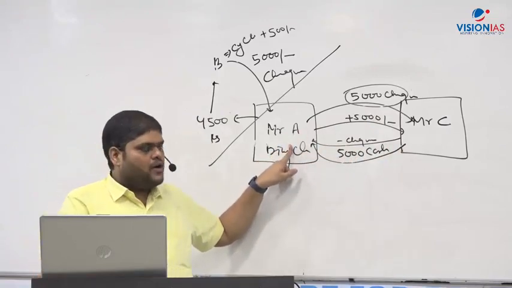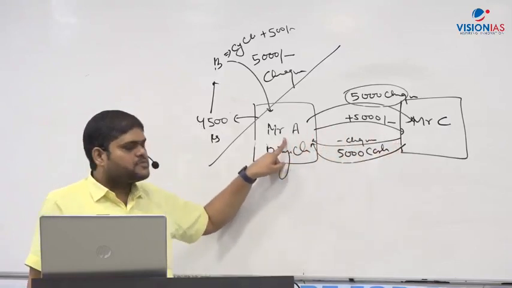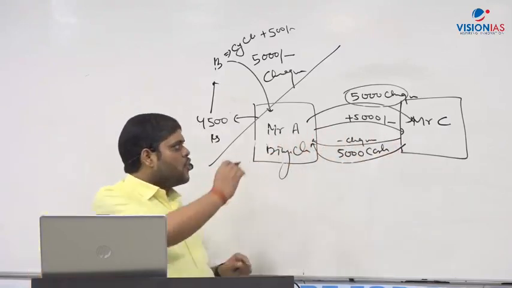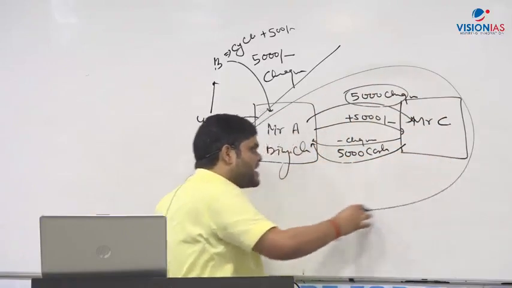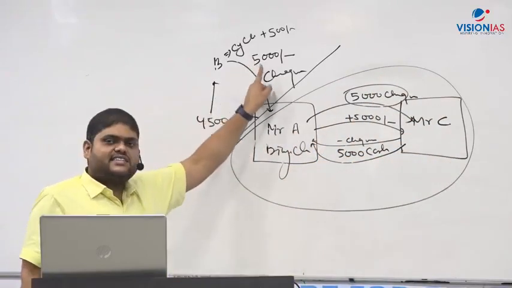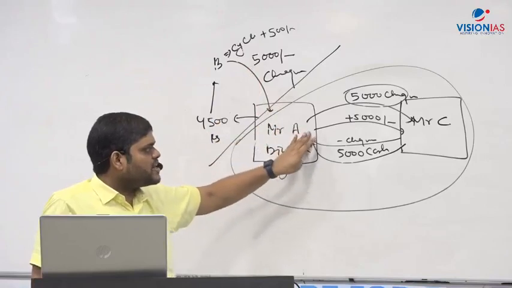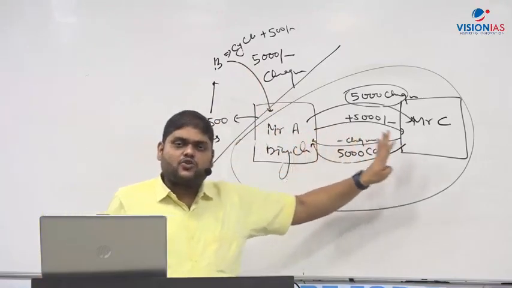Next day the check bounced. Again the check came back to this person. So there is no loss in this particular case. If I am talking about these two cases, there is no loss.